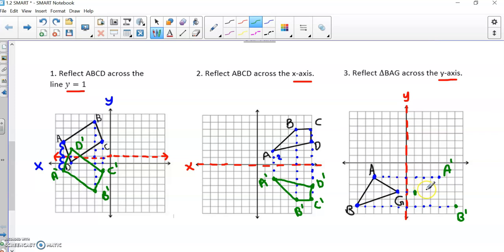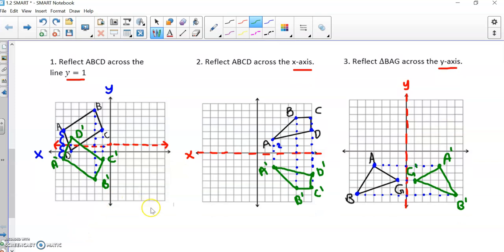That's our G prime. Okay, and now I can draw my reflected shape. Please note that this prime notation is important, so I know which is which. And that's all. Now we have reflected all 3 of these shapes.